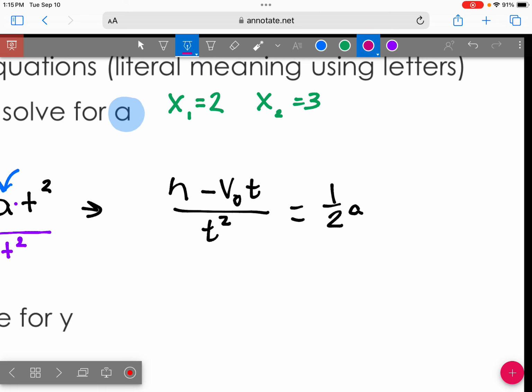But to get rid of that 1/2, it's sometimes easiest to just multiply by our denominator. That's going to cause my denominator to cancel out. So if you have a fraction and we go, ew, and we don't want to deal with fractions, multiply by your denominator to get rid of it.